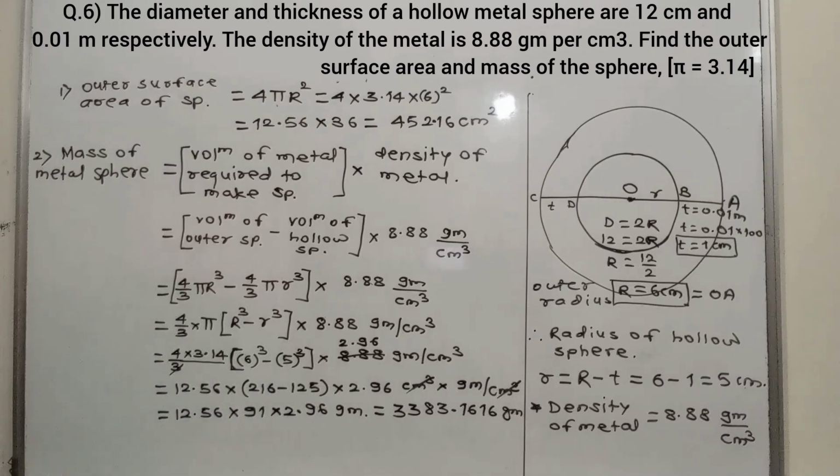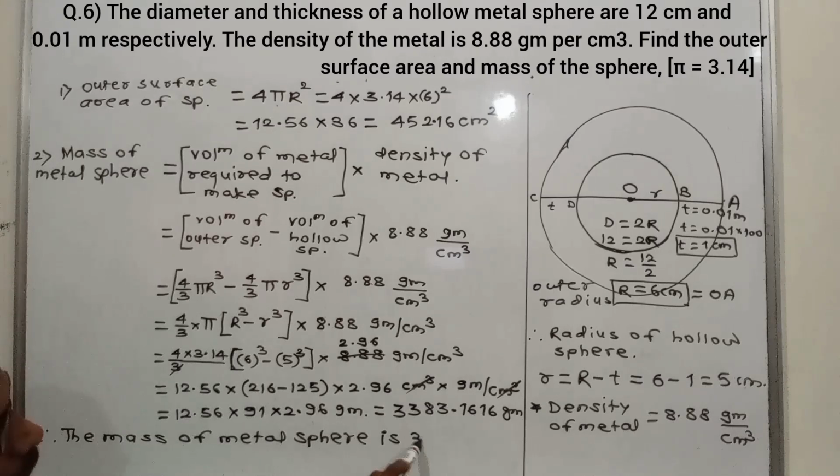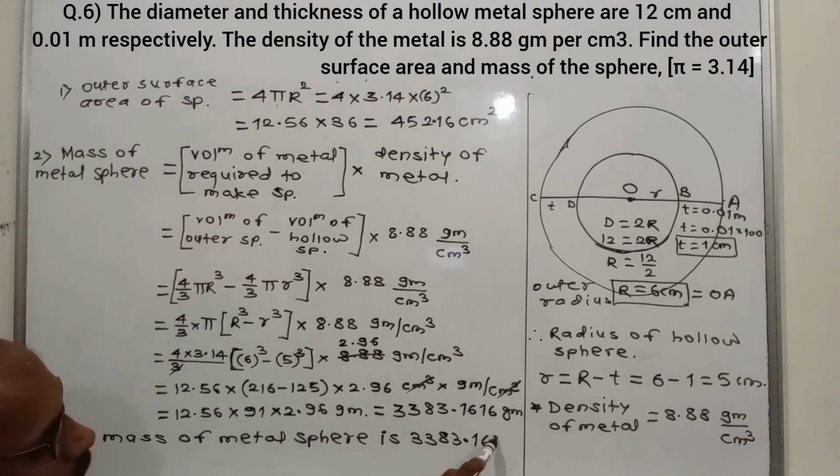Did you get it? Therefore the mass of metal sphere is 3383.1616 gram.